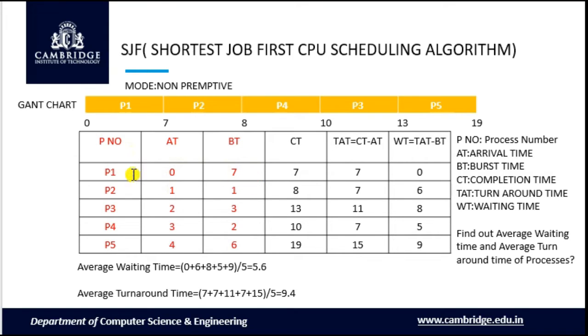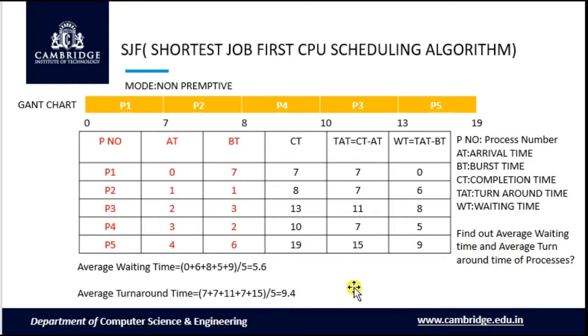Process number signifies the processes P1, P2, P3, P4 and P5, and the arrival times are already given as 0, 1, 2, 3 and 4 respectively, and burst times are 7, 1, 3, 2 and 6. What is the question? We need to find out the average waiting time and average turnaround time of the processes.